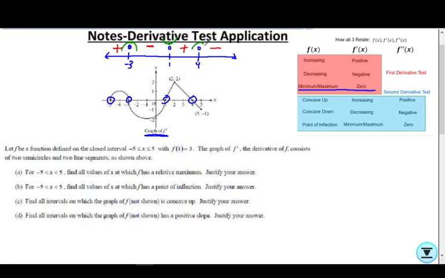Here it goes from increasing to decreasing at my 0. Okay? So maximums occur when my function goes from increasing to decreasing, or when my derivative goes from positive to negative, which means I have two relative maximums here. I have a relative maximum at -3, and I have another one at 4.